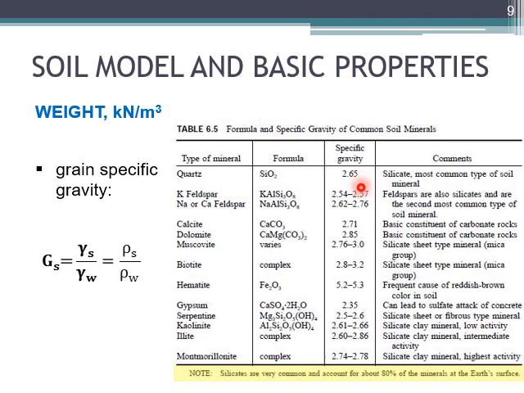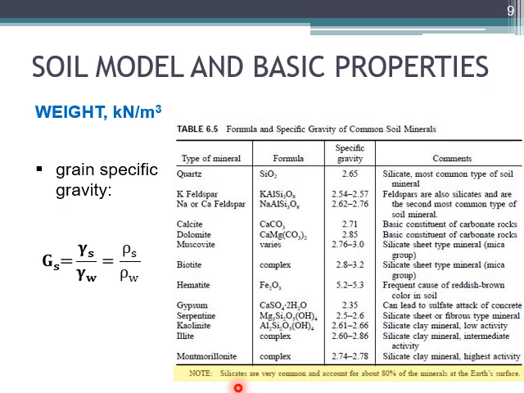Other minerals like K-feldspar will have this value a bit smaller, biotite a bit higher, and so on. So depending on the mineral composition of soil, the specific gravity and so also the particle density will be different.